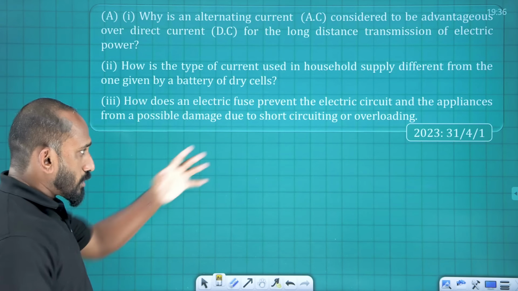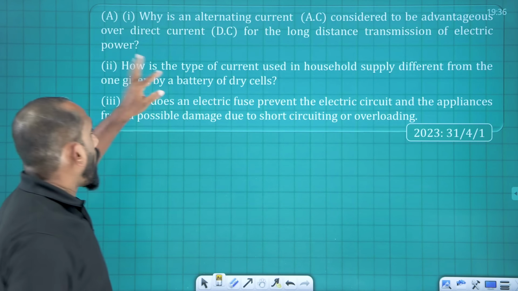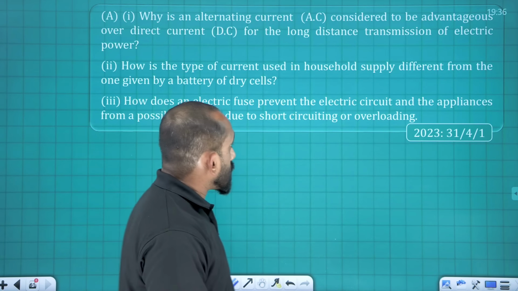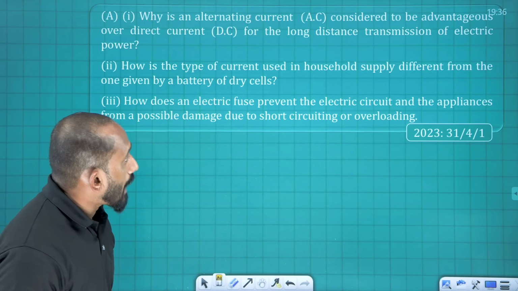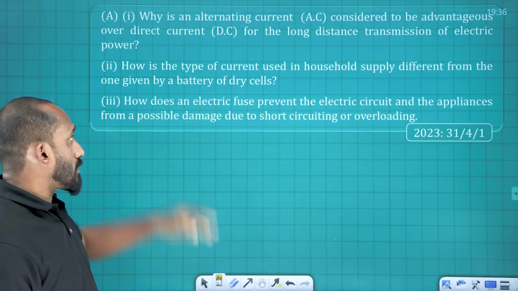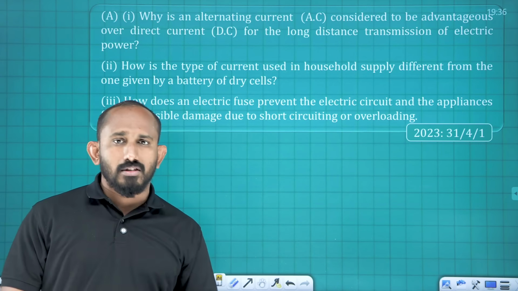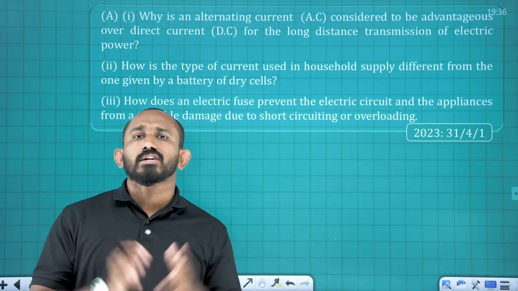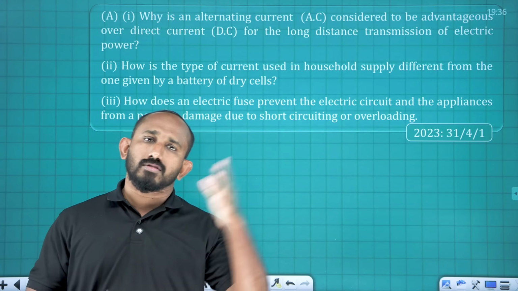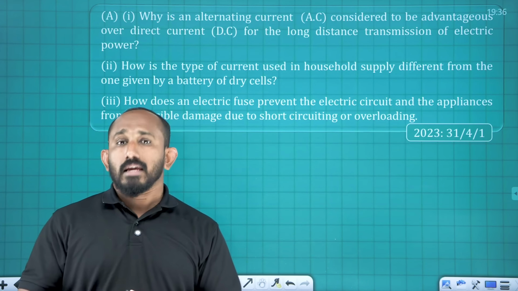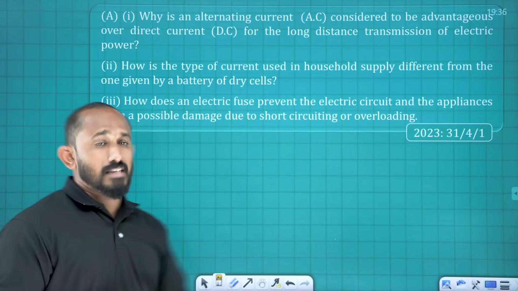Next question. So, a 2023 question it is. Why is an alternating current considered to be advantageous over direct current for the long distance transmission of electric power? We discussed in the domestic circuit, AC, alternating current is used for long distance transmission because in AC the heat loss is minimum.